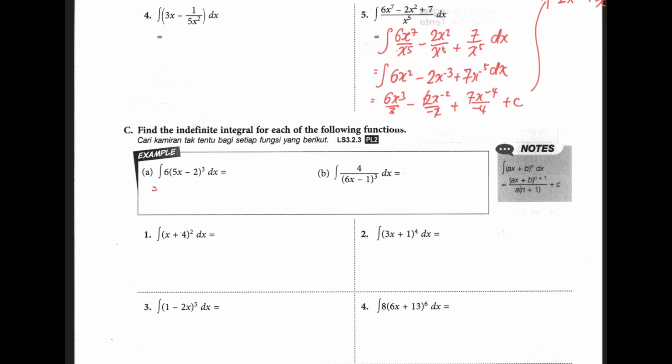Basically, the 6 over there, you don't need to care about. 6 (5x minus 2) to the power of 4 over 4, and the a is, imagine you differentiate 5x minus 2. You differentiate 5x minus 2, you will get 5. So we divide by 5.